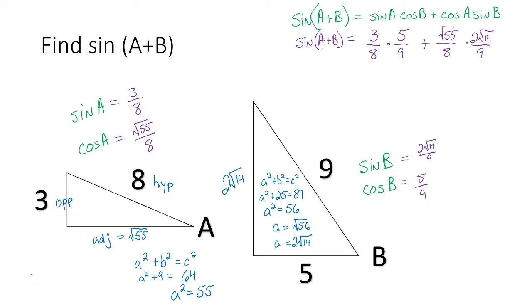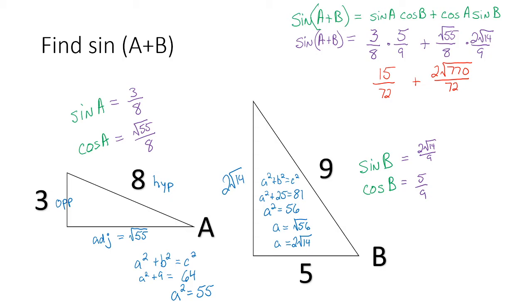So, as we move forward, we could say 3 times 5 is 15. 8 times 9 is 72. On the other one, we have 55 times 14 gives me 770. So what I end up with is 2 square roots of 770 over 72.